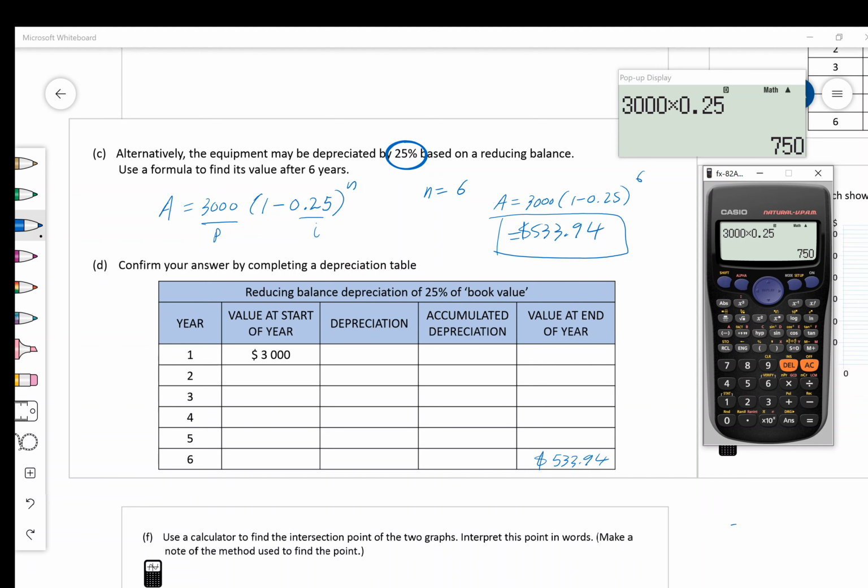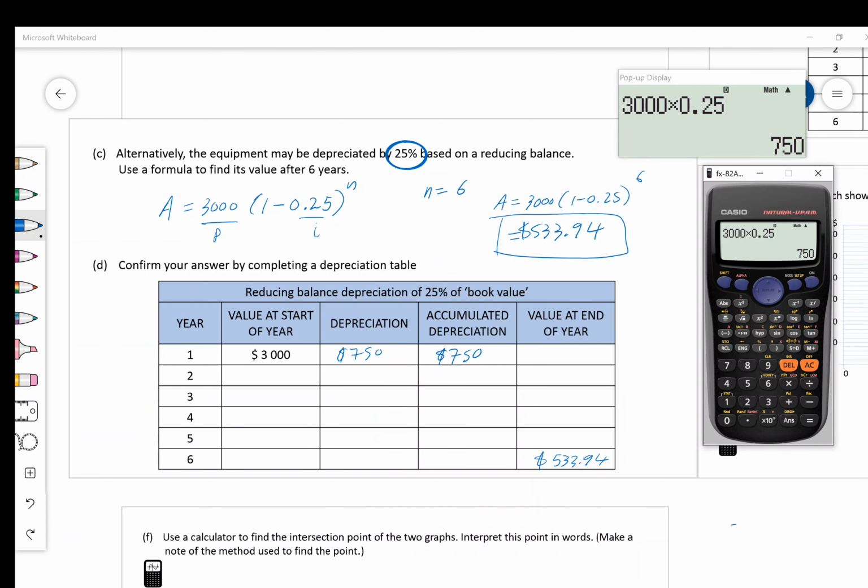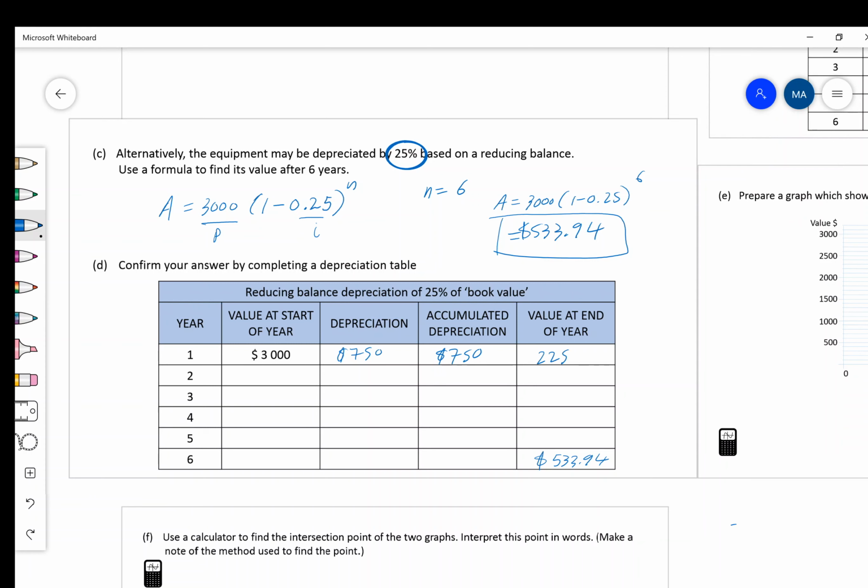Now, what's different with the reducing balance is that we work out that same percentage on the next value. So we subtract the 750 from 3,000 and we get 2,250. So it's worth $2,250 after that first year.